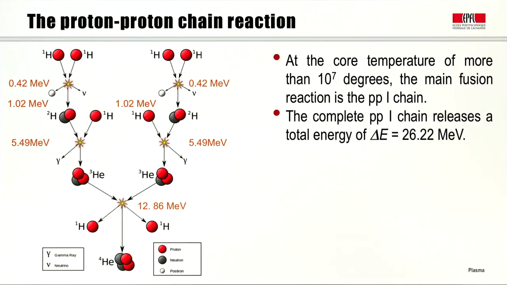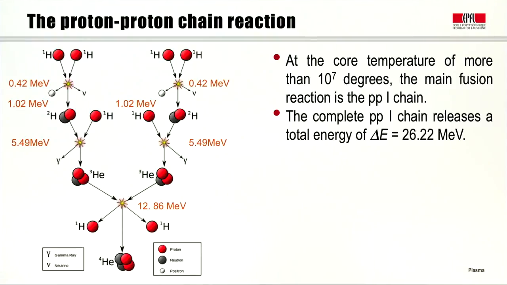The main fusion reaction in the core of the Sun is the pp1 chain, which is represented here in this schematic diagram. The nuclear reaction proceeds in several steps, and the net result is the conversion of 4 protons into a helium nucleus, which is made of 2 neutrons and 2 protons.